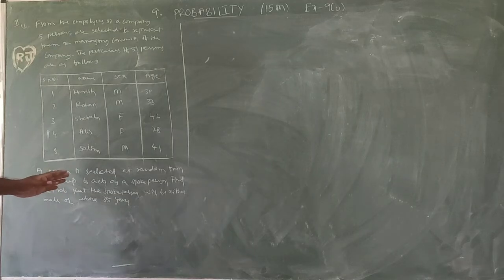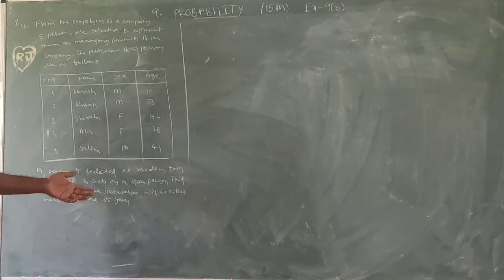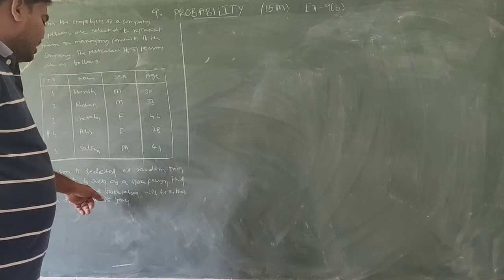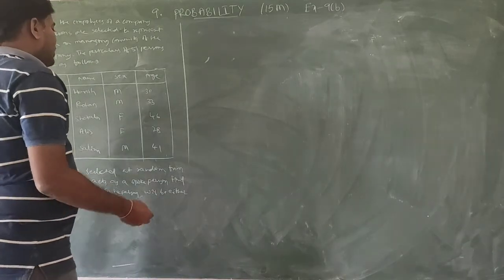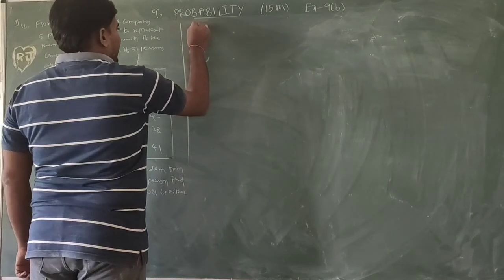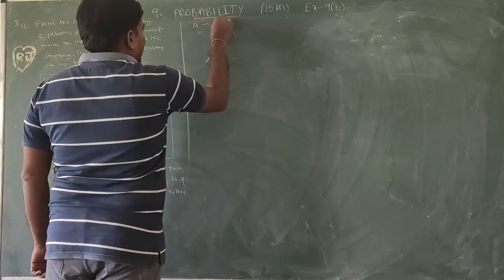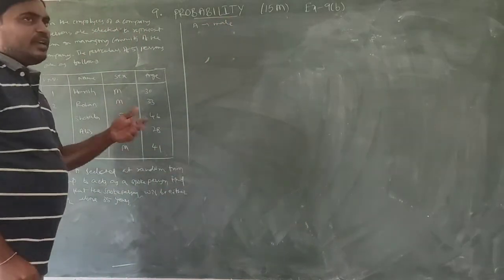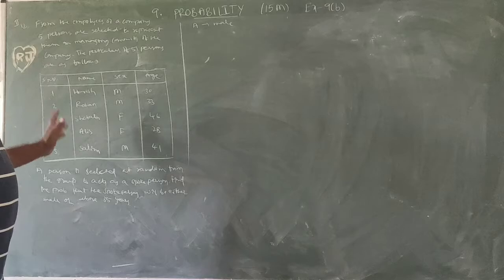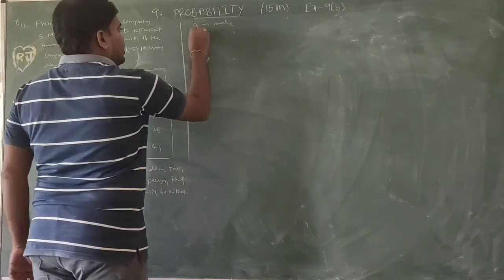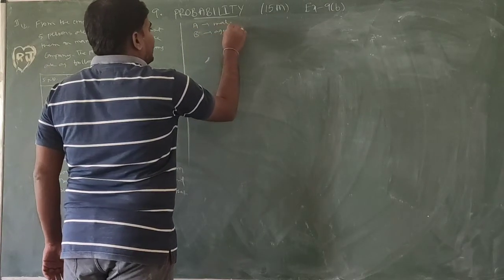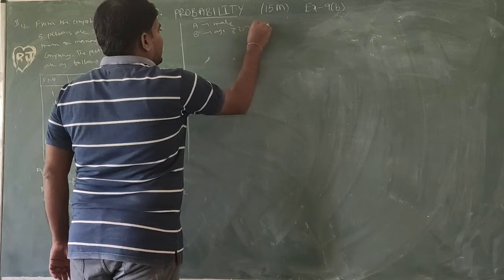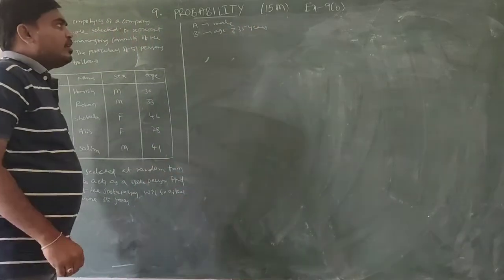Or else the person should be greater than age 35 years. So first I am taking A, male we can consider. B, age greater than 35 years.